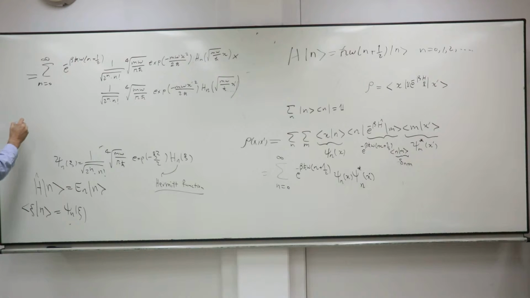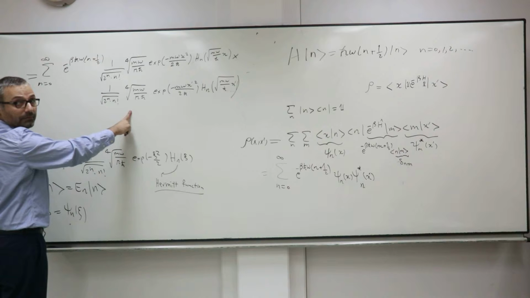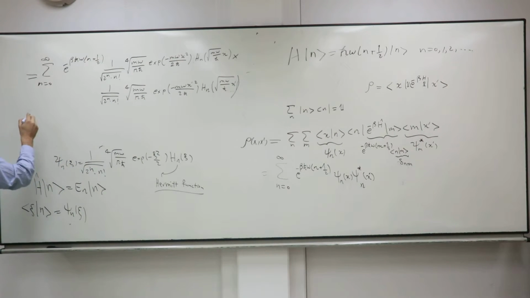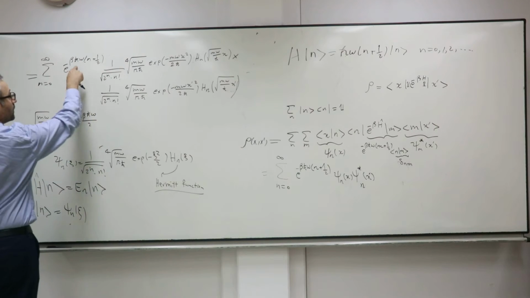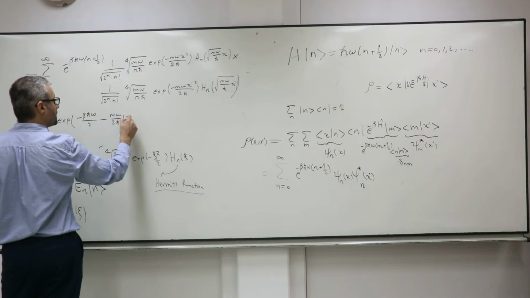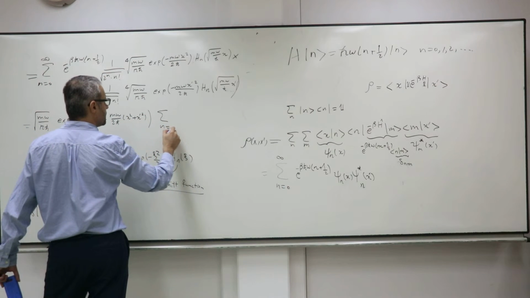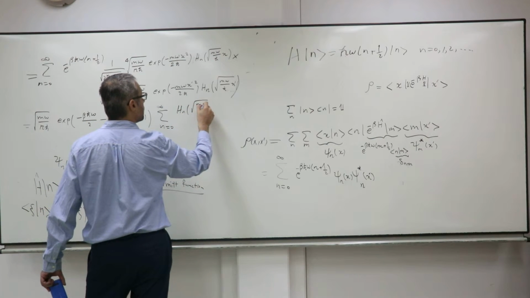Okay, so just a little bit of work with that. I mean, put outside what does not depend on n, and keep what has n inside the sum. So it will be radical of m omega over pi h bar, exponential of minus beta h bar omega over 2 from here, minus m omega over 2 h bar times (x squared plus x prime squared), sigma n from 0 to infinity of H n, radical m omega.